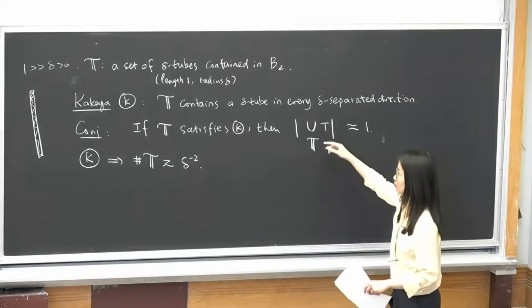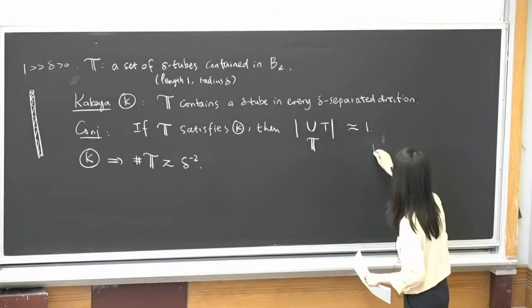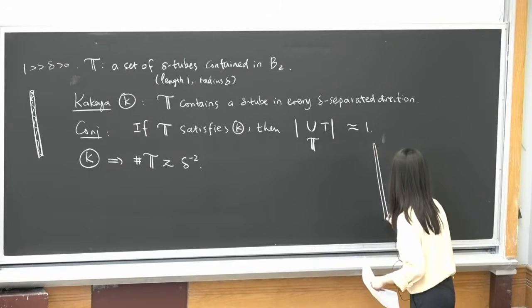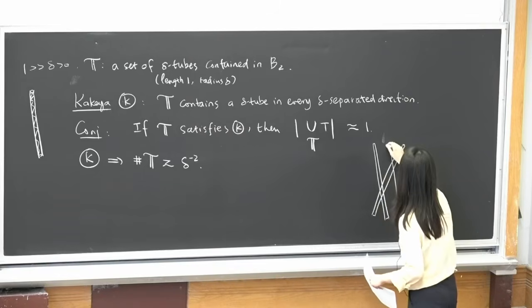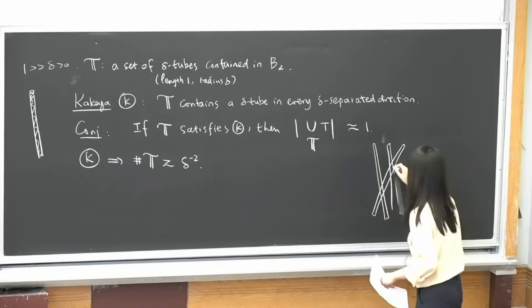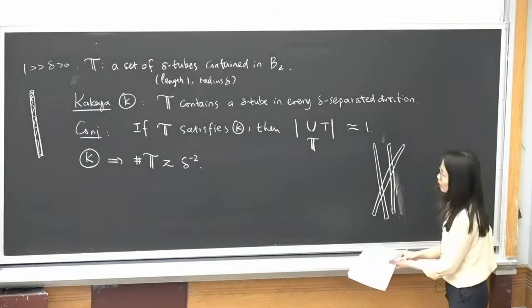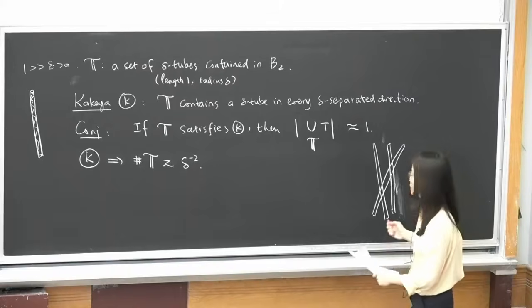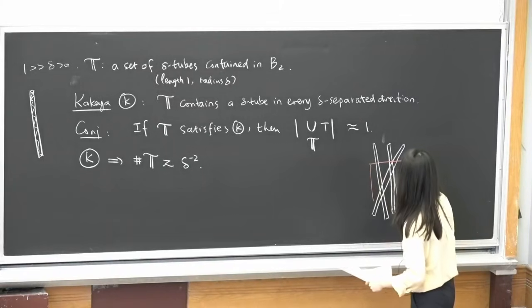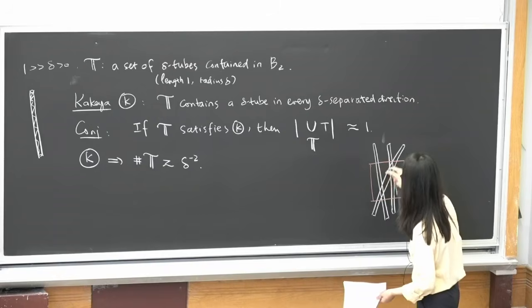But this Kakeya assumption turns out to be very hard to do any induction on. The reason is that if we have a set of delta tubes that contains a delta tube in every delta separated direction, and to do induction on scales, we cover the Kakeya set by some smaller boxes, and then we want to run the induction.